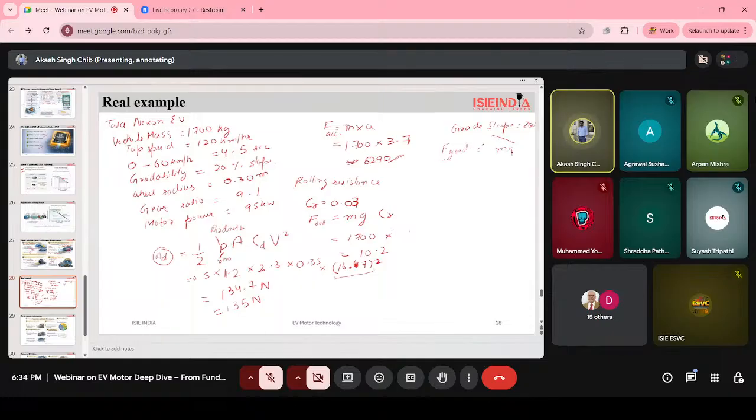It is mg sine theta. So mass is 1700 and gravity is 9.81, and the 20% we can write as 0.2.